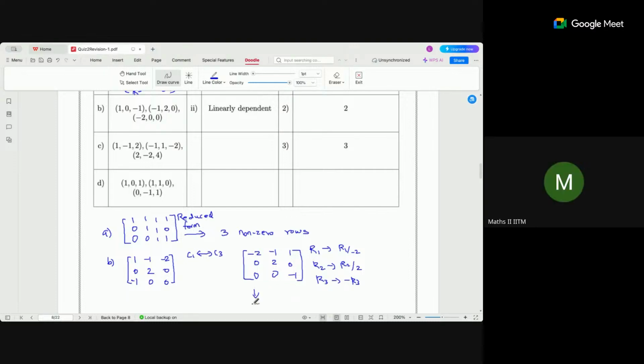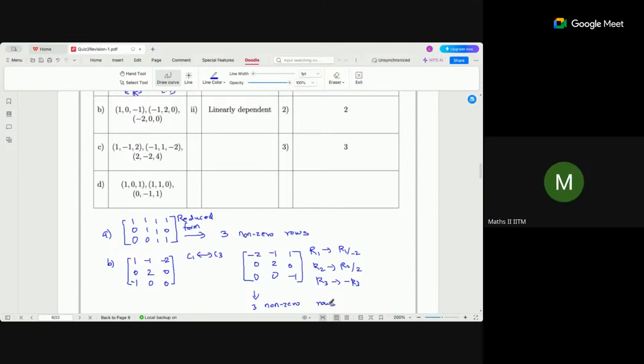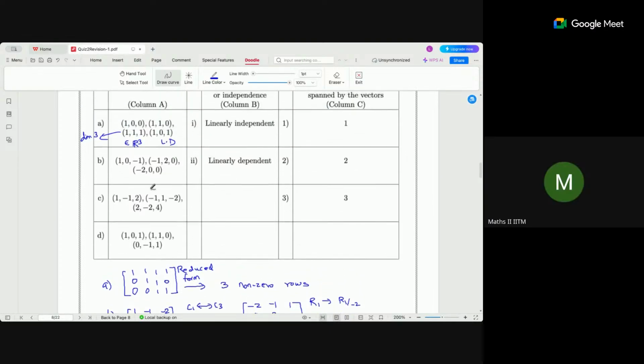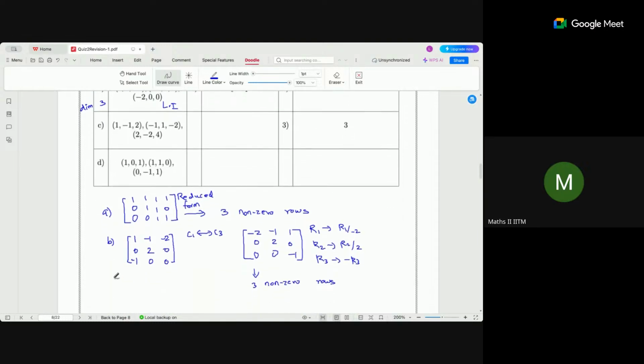Again you see 3 non-zero rows. So are they linearly dependent or independent? Independent. So this is linearly independent, and the dimension is again 3.